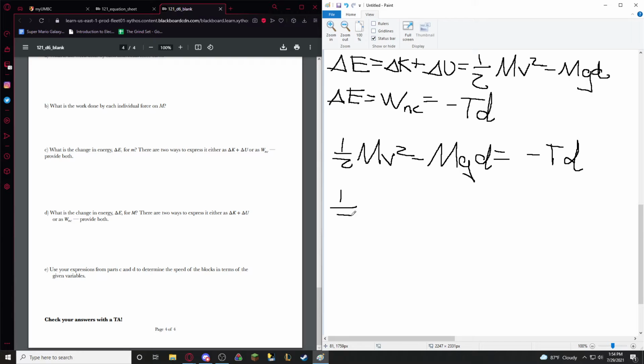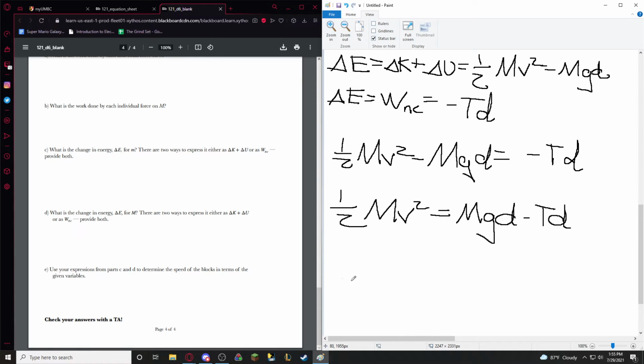So then half mv squared is equal to mgd minus td, right? And then yes, we can just solve for v.